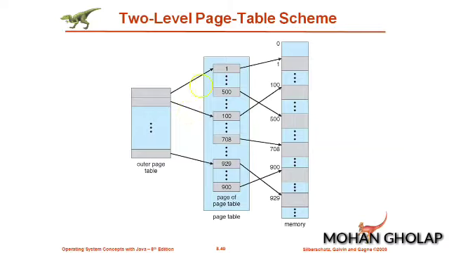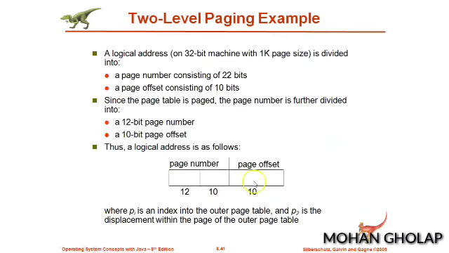Since the page table is paged, the page number is further divided into a 12-bit page number and a 10-bit page offset. So the 22-bit page number is again divided into two parts, 12-bit and 10-bit. The 12-bit is used for the outer page table, the 10-bit is used for the page table, and the page offset is to search within the page table.